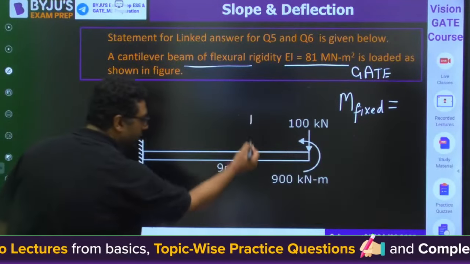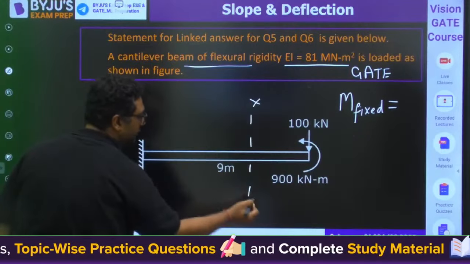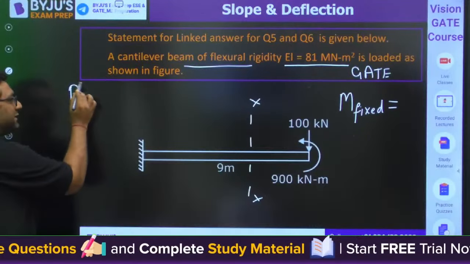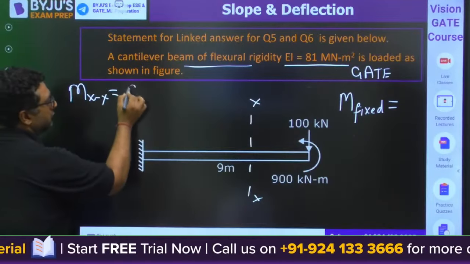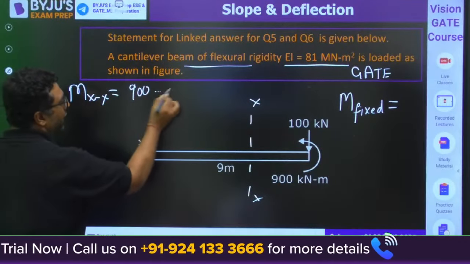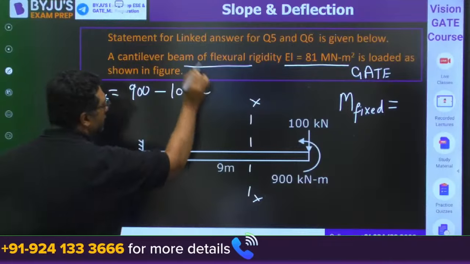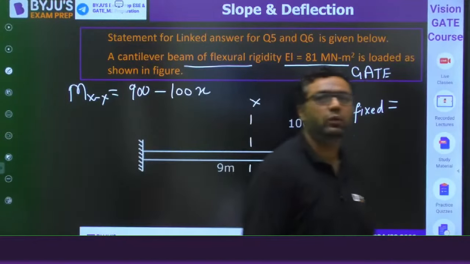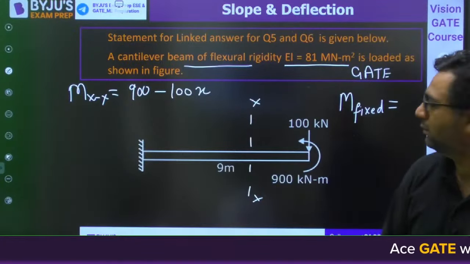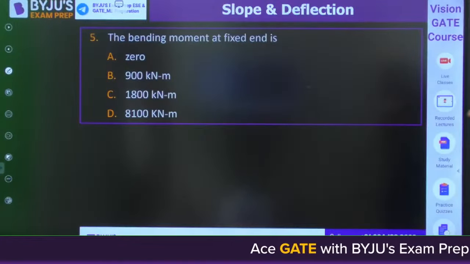Take the section XX. What is MXX? Sagging, hogging. Find out the value at the fixed end. Which of the following is correct?